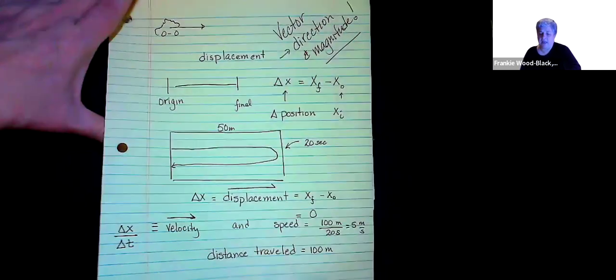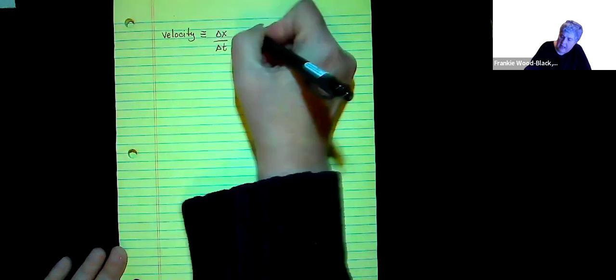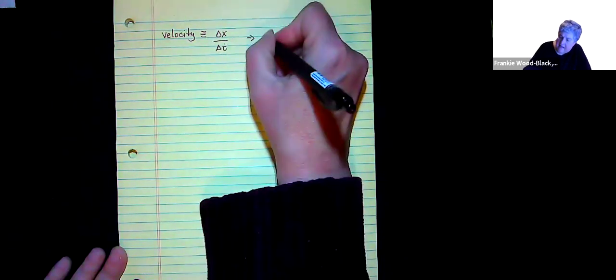So we can look at velocity here, and we've already defined velocity. Velocity is defined as that change in position with respect to time. And this can be an average velocity.